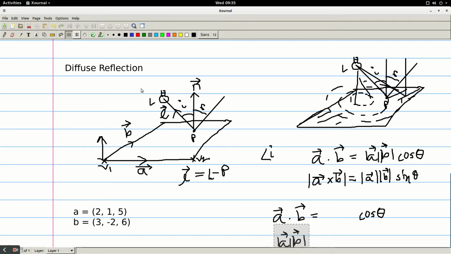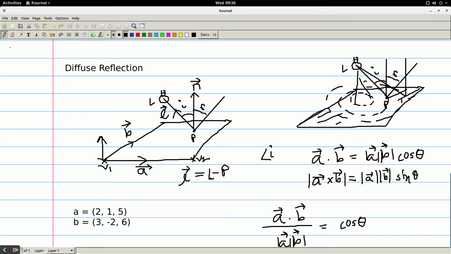Okay? That helps because now you can write cos theta equal to A dot B divided by magnitude of A divided by magnitude of B.